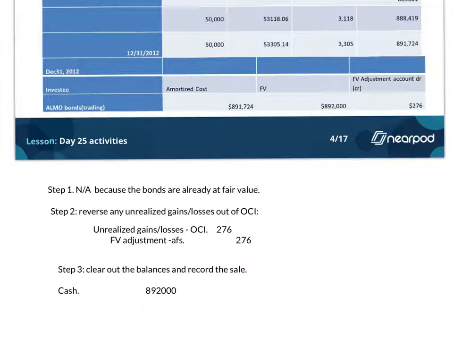We know we're also going to get rid of the discount on bond investment. I need to move my debit over a little bit.